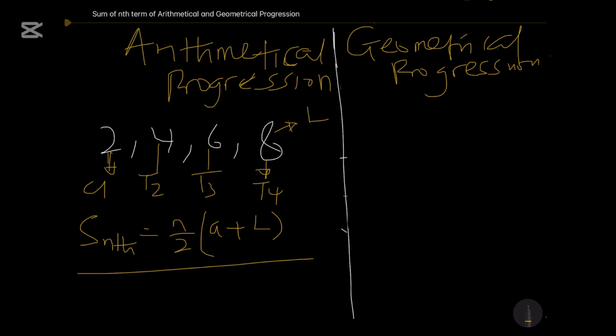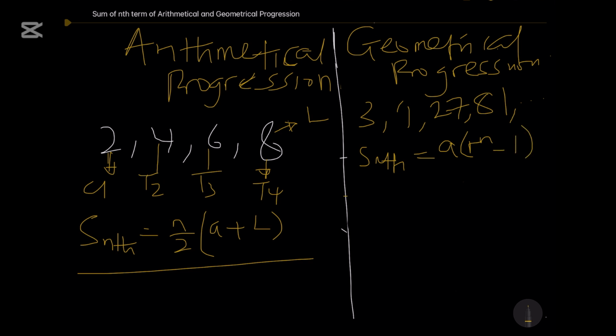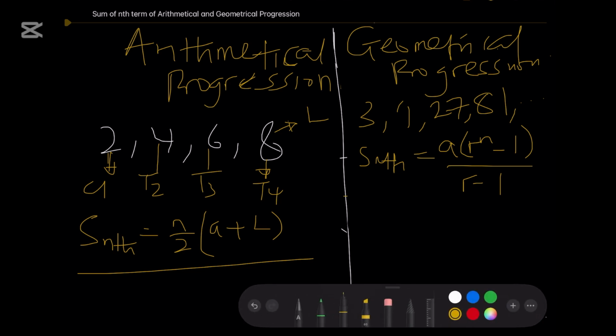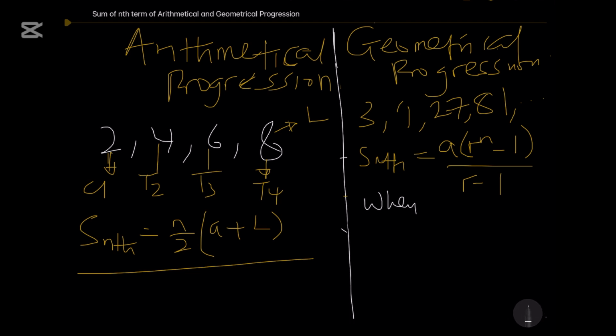Firstly, if we have a GP like the previous example we've looked at, 3, 9, 27, and then let's say 81, and we're looking for the sum of the nth term of a GP, we have A(r^n - 1) over r - 1. We only apply this when our r is less than 1.